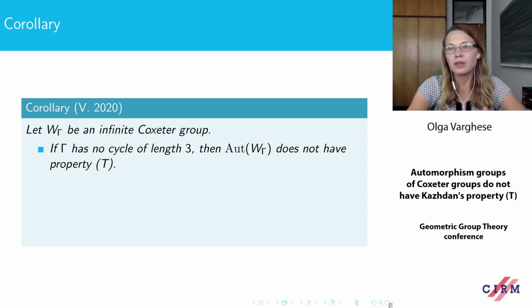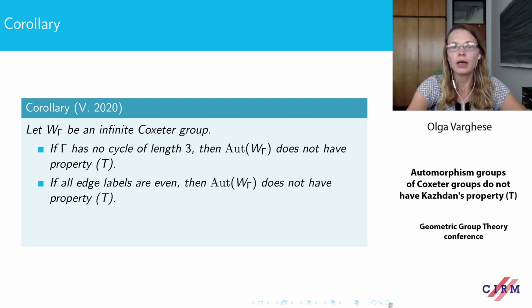And if gamma has an edge where the edge label is odd, then the center of the corresponding special subgroup is trivial. And we can apply part 1 of the main theorem to see that the automorphism group has no property T. Otherwise, all edge labels are even. And by part 2 of the main theorem it follows that the automorphism group has no property T.